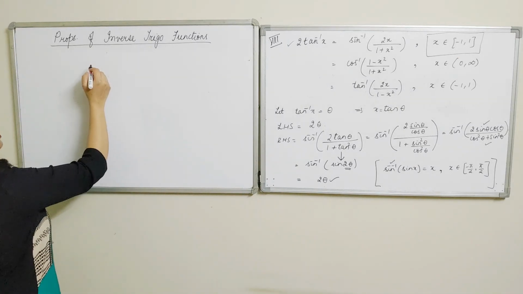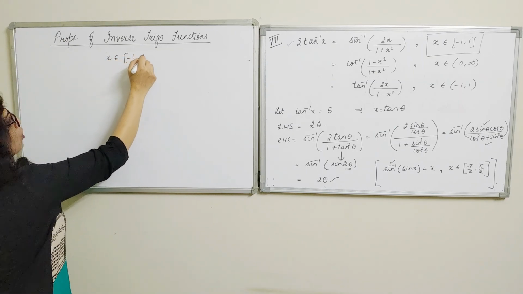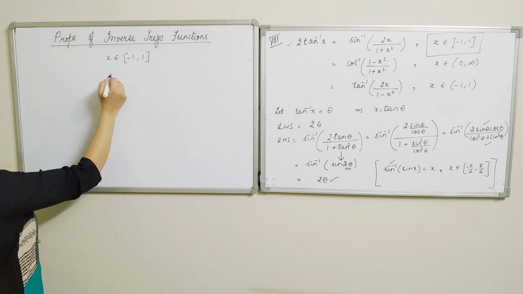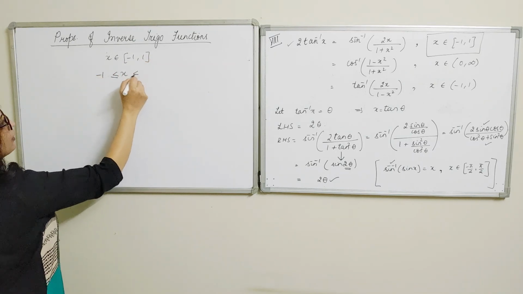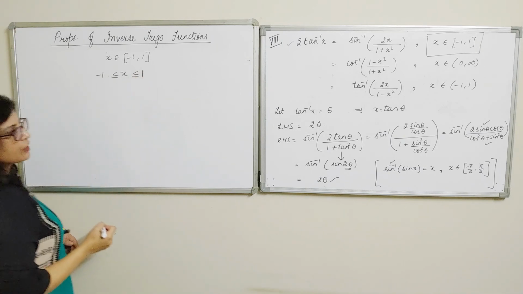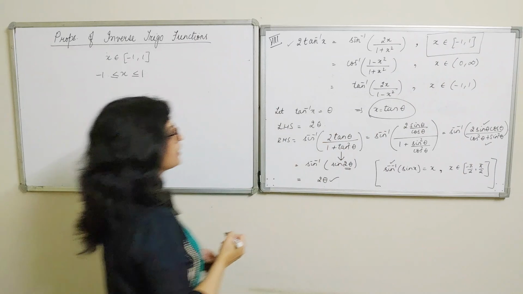Now over there we are given that x belongs to this. We can write it down as x is greater than equal to minus 1 and less than equal to 1. So here we know we have taken x as tan theta.